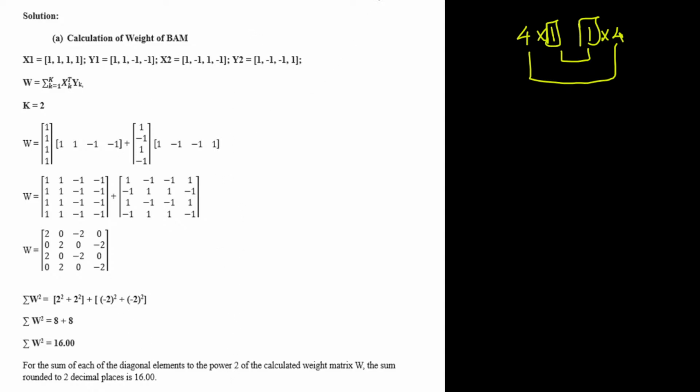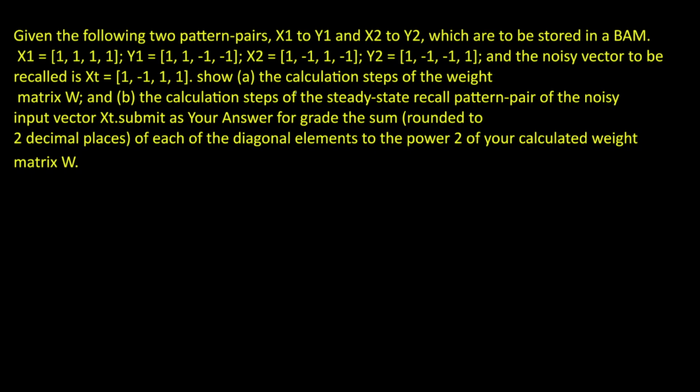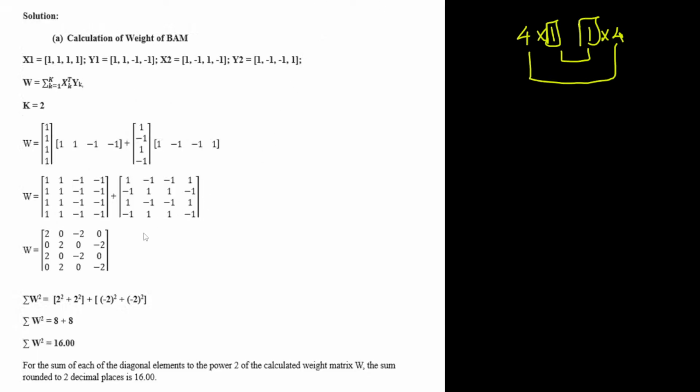We calculated the weight, and the B part of the question is asking for the calculation steps of the steady state recall pattern pair of the noisy vector input. So we have to recall them using the noisy vector. The noisy vector is given to us, that is 1 minus 1 1 1. So we bring the noisy vector, and we put it in this equation, y equals xt W. This xt is the noisy vector, that's 1 minus 1 1 1, and W is the weight matrix that we calculated before, the one we have right here.